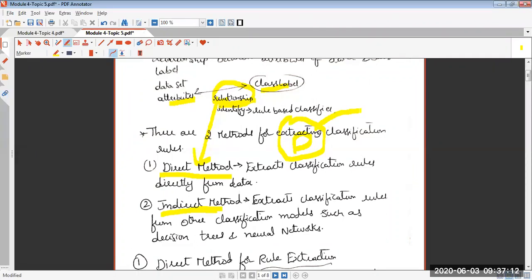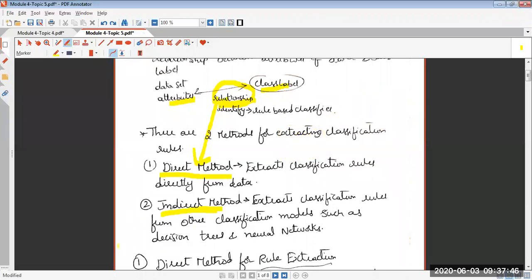Directly from this raw database, if the classifier starts building the rules, that is R1, R2, R3, it is the direct method. So it's very simple. Try to keep it as simple as possible. Then your level of understanding and remembering the concept will be simplified.